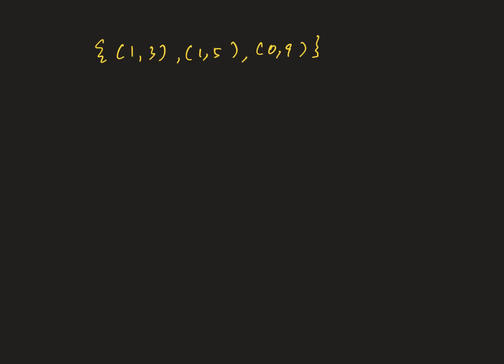Now we have a set notation here where there are three ordered pairs, and we have the objects as 1 and 0. The images are 3, 5, and 9. We want to see what type of relation it is.